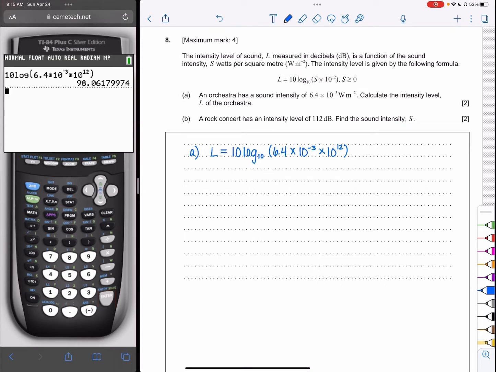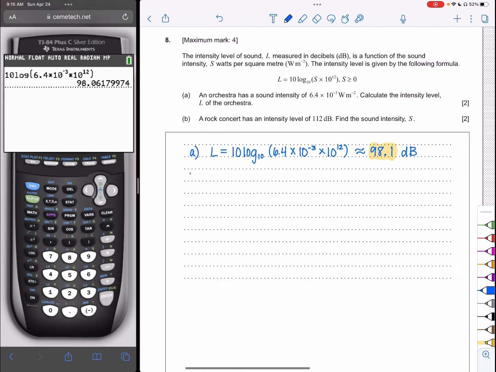And we will end up getting, and of course I'm going to put my answer in 3 sig figs, 98.1. And we know that we're doing this in decibels, so we can put decibels there. So that is my answer for part A.